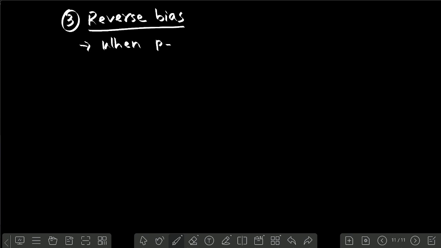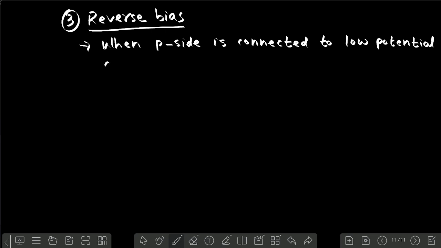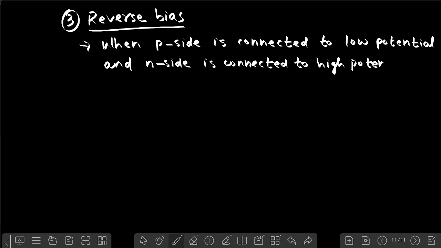When the P side is connected to low potential and the N side is connected to high potential, then the diode is said to be reverse biased.